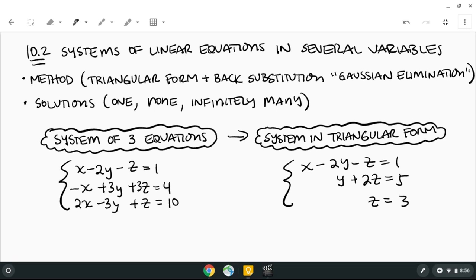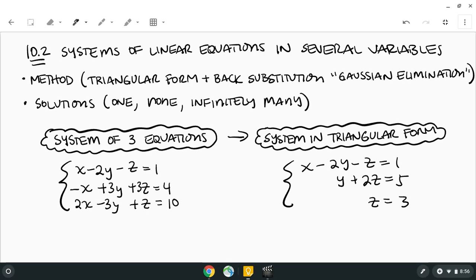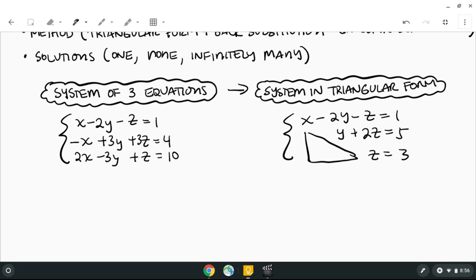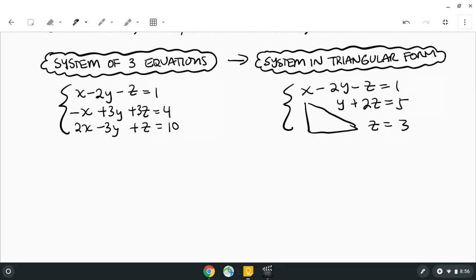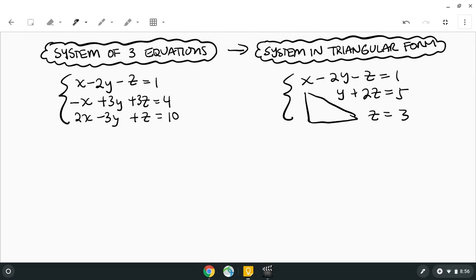We call this triangular form because you have this sort of triangle of zeros or nothing. If you can get it in this triangular form, then you can use back substitution to solve.